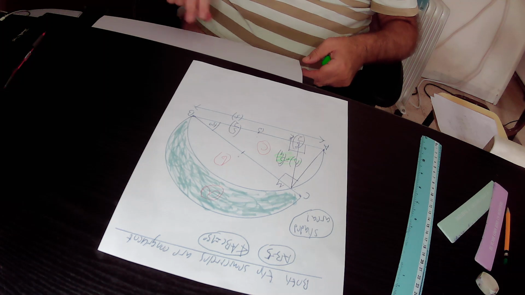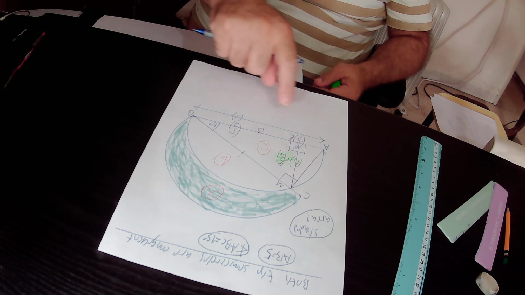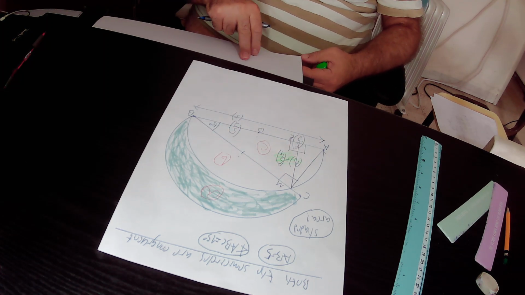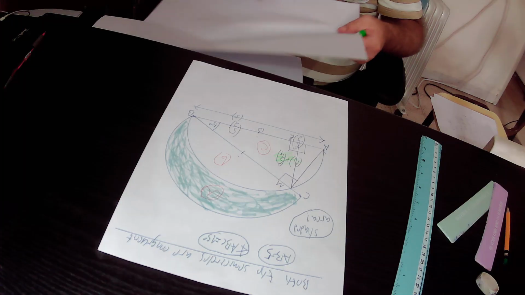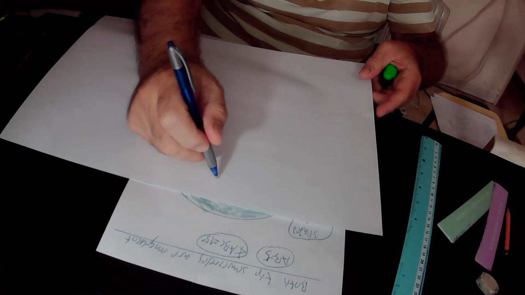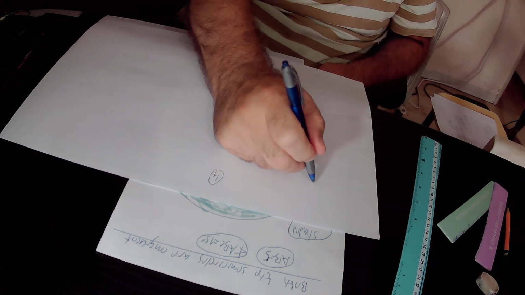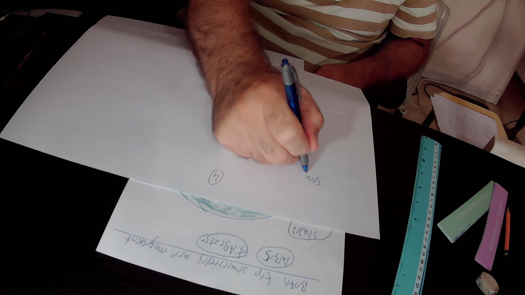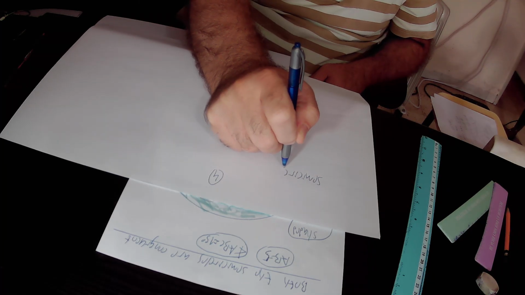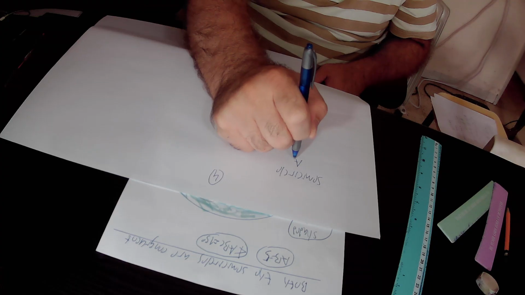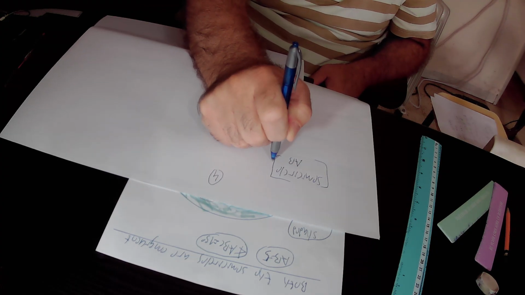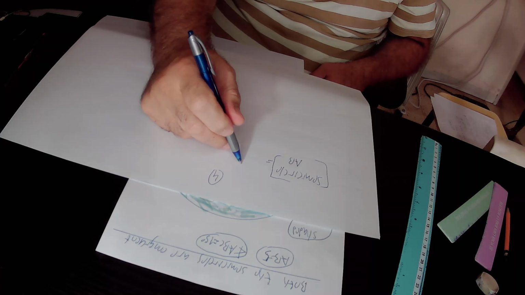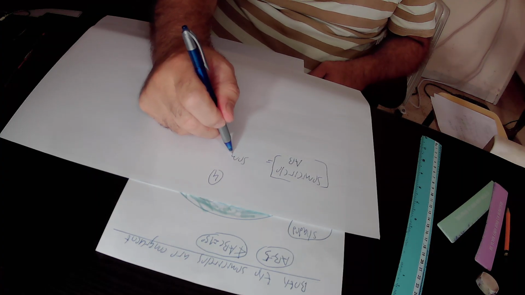So you can write that the area of semicircle AB is equal to the area of semicircle CB.